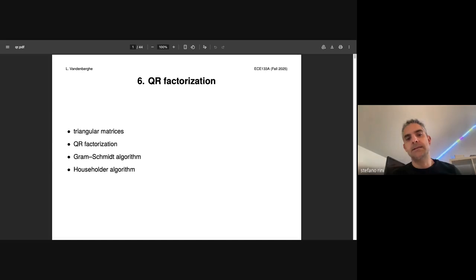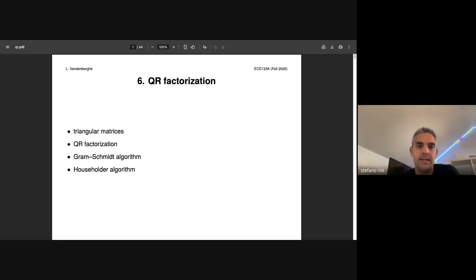R to the minus T. You see why this confuses me, right? Because this is R transpose to the minus 1, and we write it R to the minus transpose. Anyway, you understand this. We take the transposes and we take the inverse. So when we multiply by the transpose, this gives you an identity. And so this beautiful object becomes R to the minus 1 Q transpose, which is very much desirable, right?